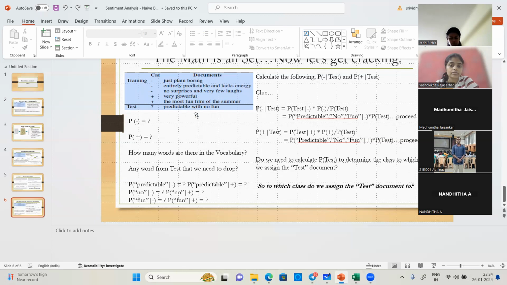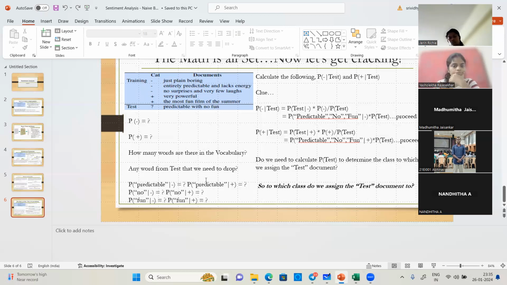Count it. Remember, this is not vocabulary, it's the total count of words. Is it 8 or 9? It's 9. When we figure out the vocabulary, if the same word occurs 10 times, the count is only 1. But here the frequency matters. So it is 0/9.